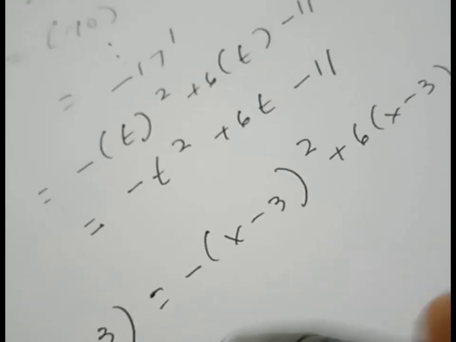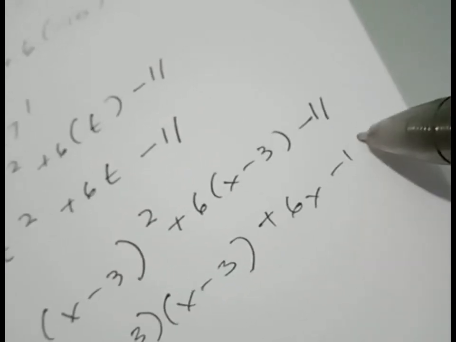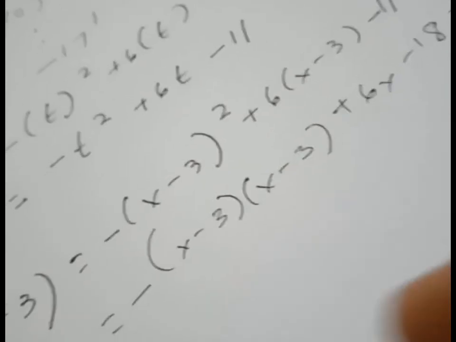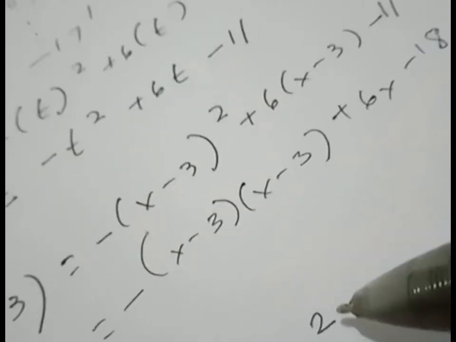Simplify this, so you need to expand. Plus 6x minus 18 minus 11. Okay, simplify this. At the end you will get minus x squared plus 12x minus 38.